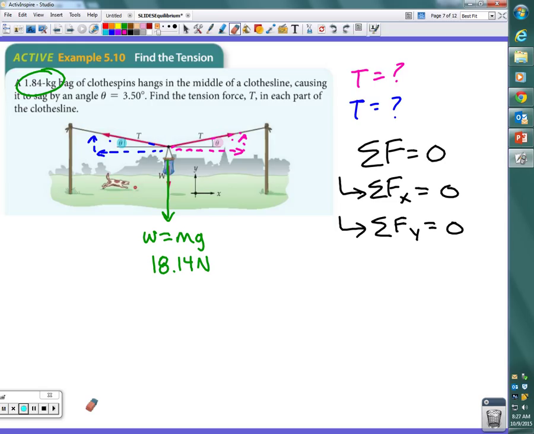How many forces are horizontal in this free body diagram now that we've gotten rid of the hypotenuse and just replaced it with the two sides? There are two horizontal forces. What do you see about those two horizontal forces? One is pointing this way and one is pointing that way. But if we have equilibrium, what has to be true about forces on the x-axis?